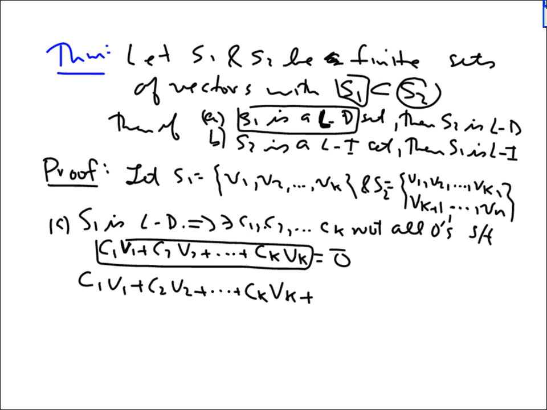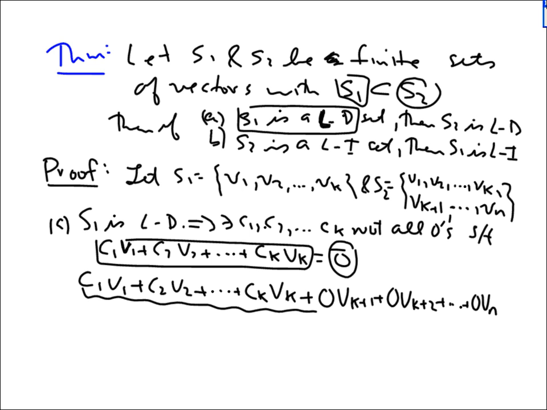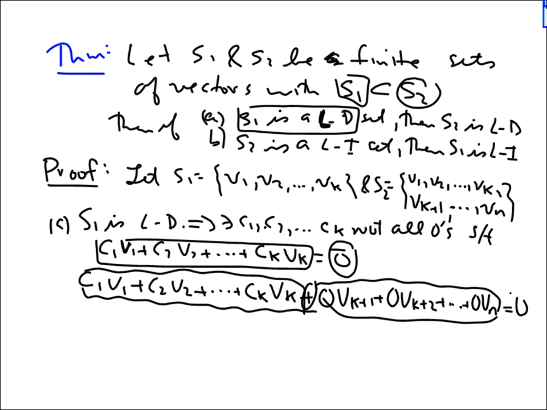Now I'm going to add on the zero vector, so in the end, I'm going to get that same answer. 0 times V(K+1), that's the zero vector, plus 0 times V(K+2), that's the zero vector, all the way down to 0 times Vn, which is a zero vector. So we know from the line above, this is the zero vector, and I just added on the zero vector, so I get the zero vector.